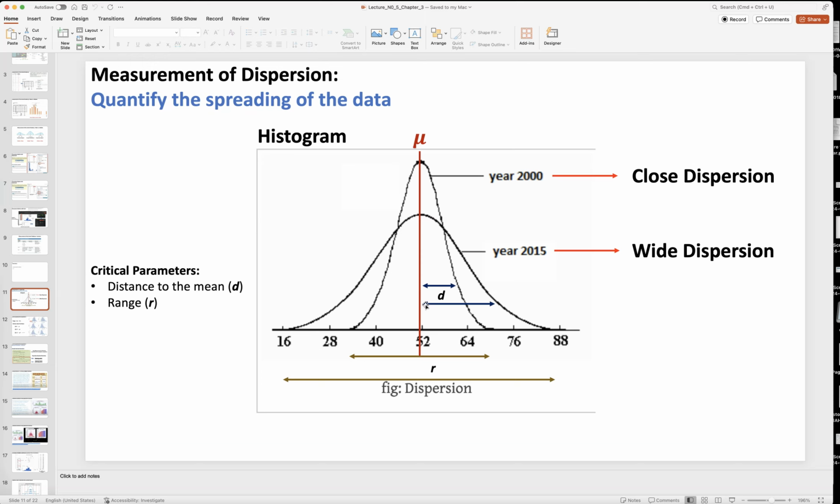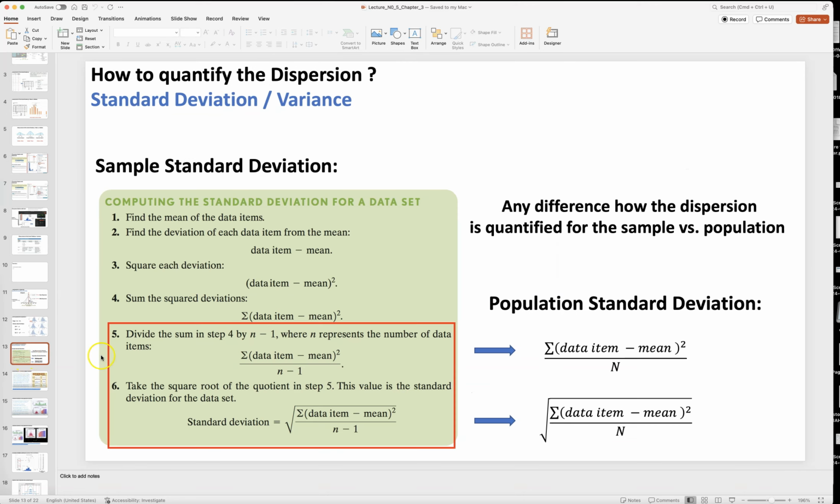If the data is close to the mean, then we say the dispersion is lower. We don't have so many outliers. One way to measure that dispersion is the standard deviation. And the way to compute the standard deviation was the one that I told you in the presentation, to follow this workflow in here.